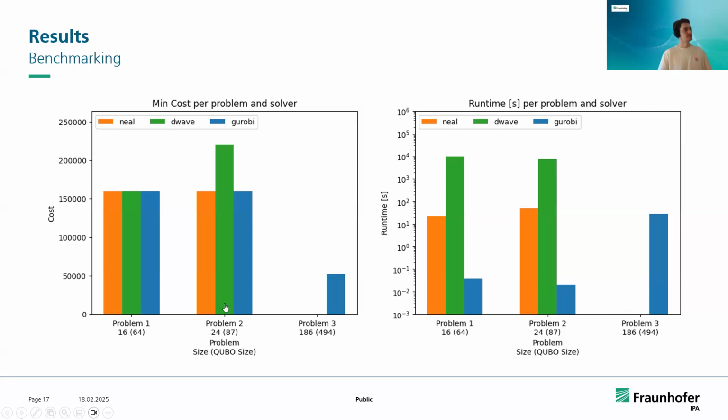For the second problem, it's already harder to find the optimal solution with the D-Wave system, but we can still find it with the simulated annealing. And then for the third problem, we couldn't find any solution. That's why there's only the Gurobi stated here. And then also in the runtime, we see that as of now, it's not really competitive, but still we might have some scaling advantages if the hardware improves.